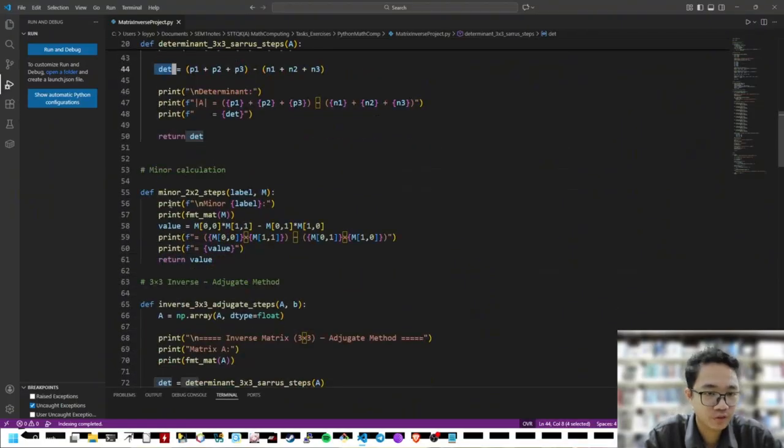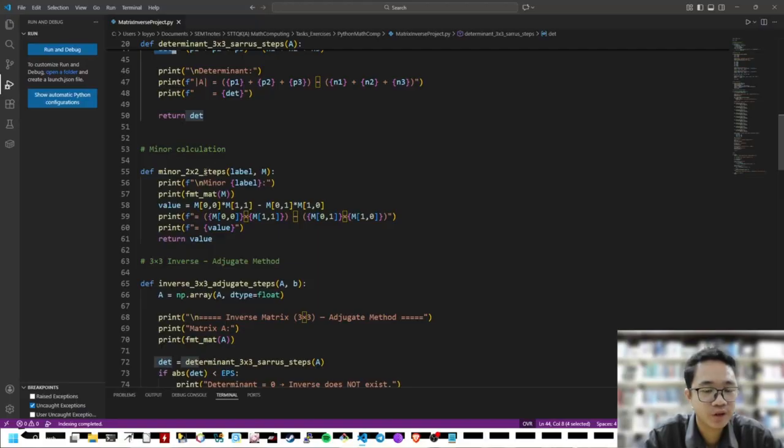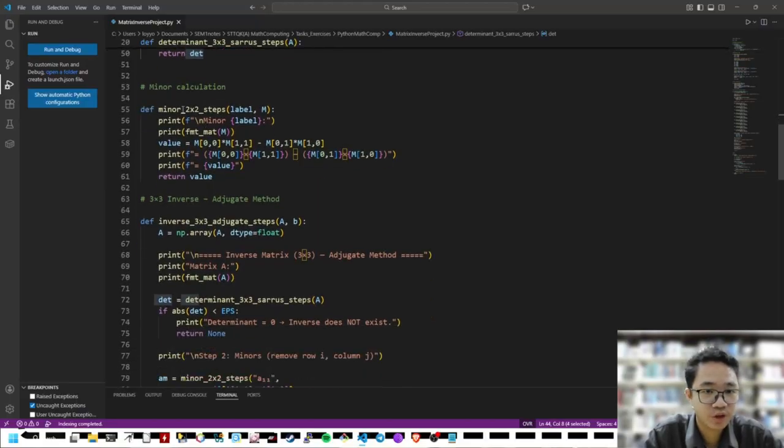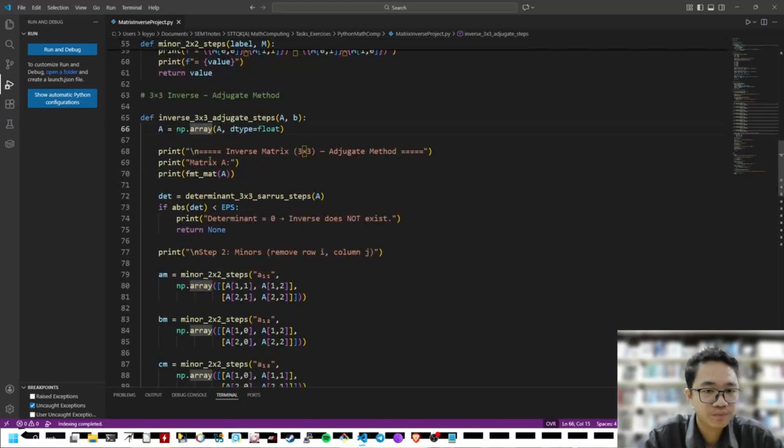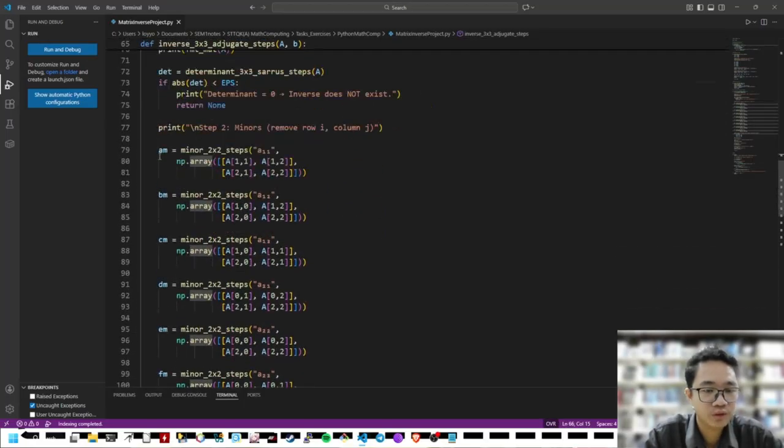And then this one is to calculate the minor. This one is for 2 times 2, but for this case we are using 3 times 3. So here you go. This is the AM, and this is the array for the leftover elements after we cross out the vertical and horizontal line for the NM value.